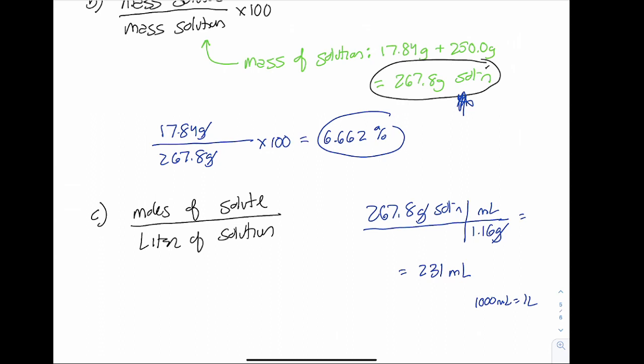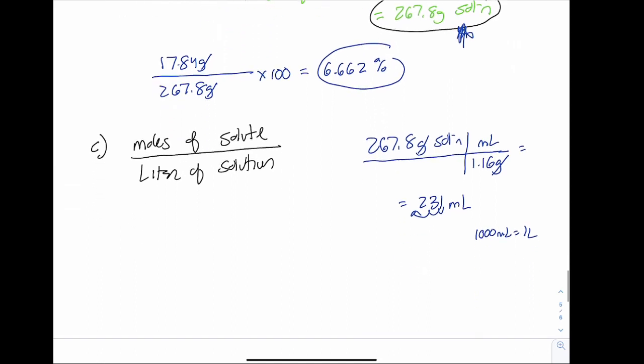So I would divide it by 1,000 to get milliliters to cancel. I'm just going to move that decimal place over. And I end up with 0.231 liters when I do that.